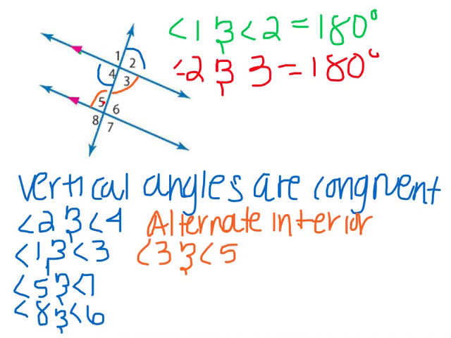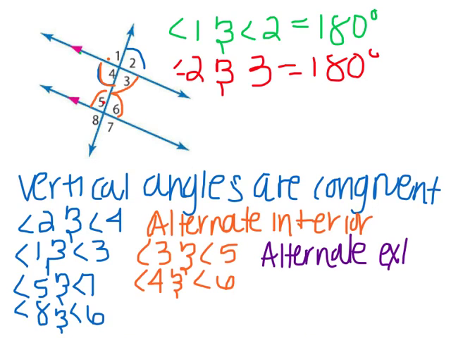The other alternate interior angles would be angle 4 and angle 6, and those are also congruent. Then the last example I'm going to do is alternate exterior. Exterior means outside. So alternate exterior would be angle 2 and angle 8. Those are also congruent.